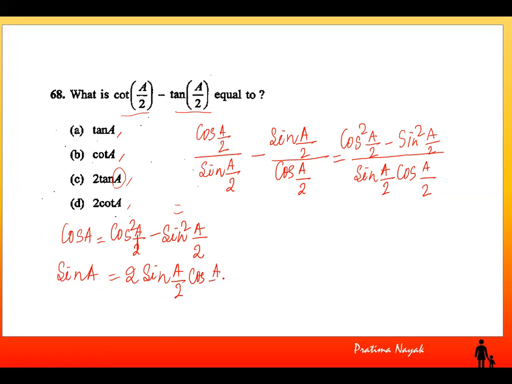The 2 is missing, so we will give them 2, so that in the numerator 2 will be multiplied. Then it will be converted to 2 cos A, and now the denominator is sin A. Cos A by sin A is cot A. So the answer is 2 cot A. D is the answer.